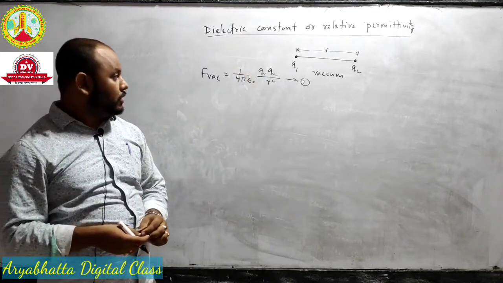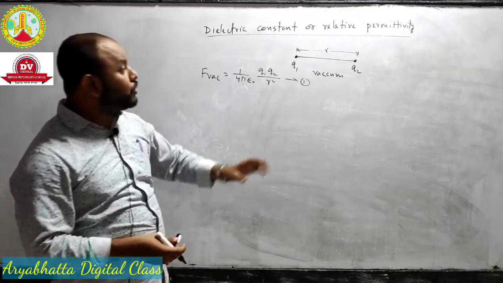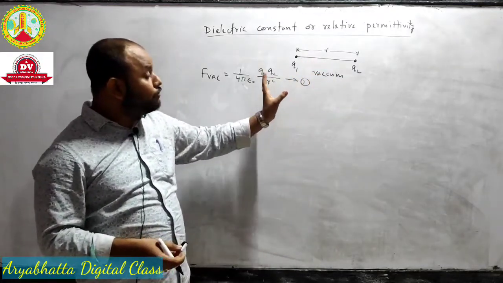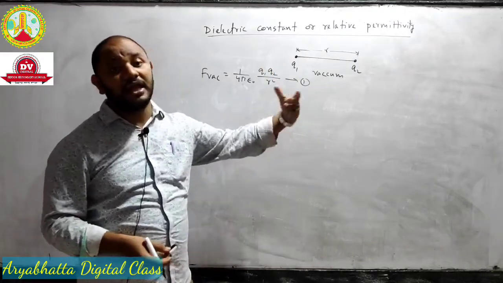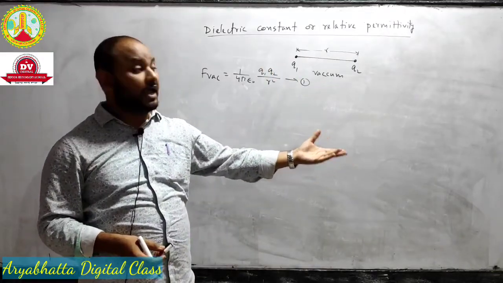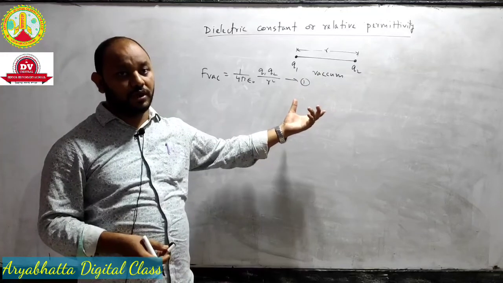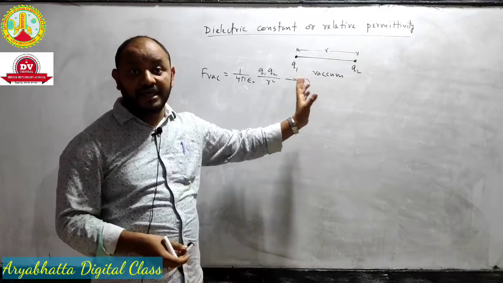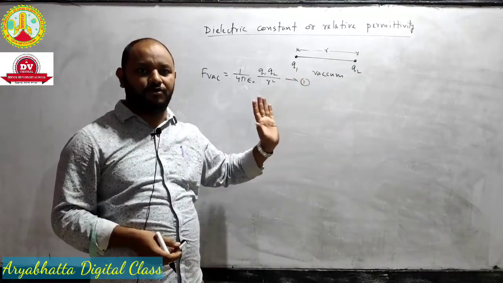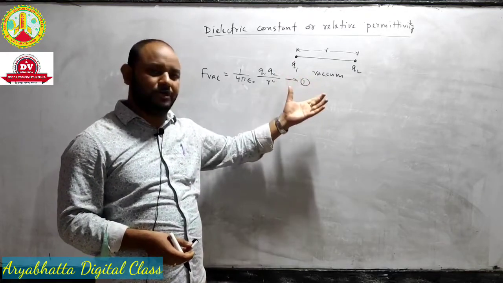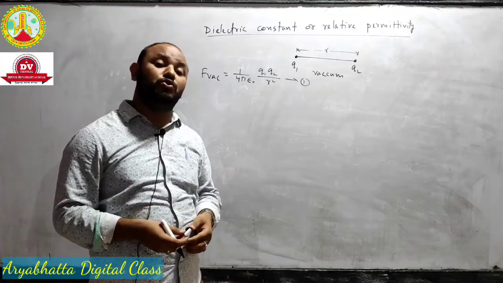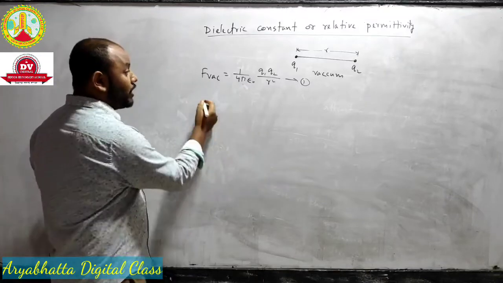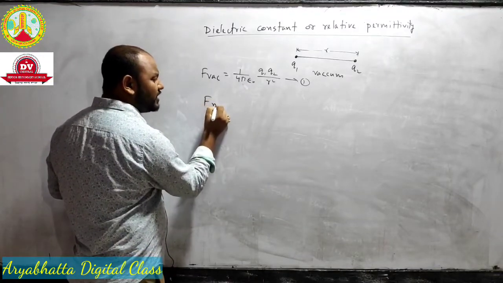In the next case, if we keep the same two charges in any other medium other than vacuum, at the same separation, what will be the force between the two charges?